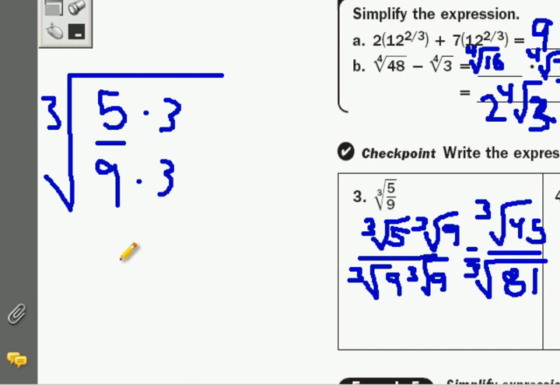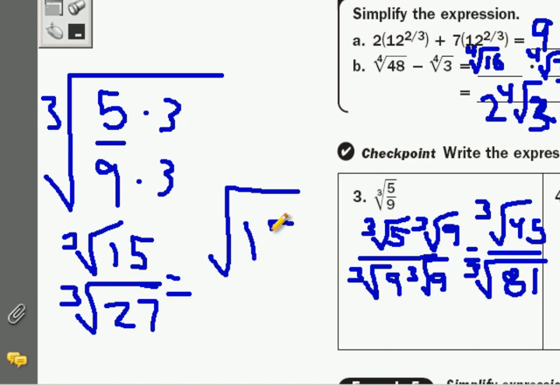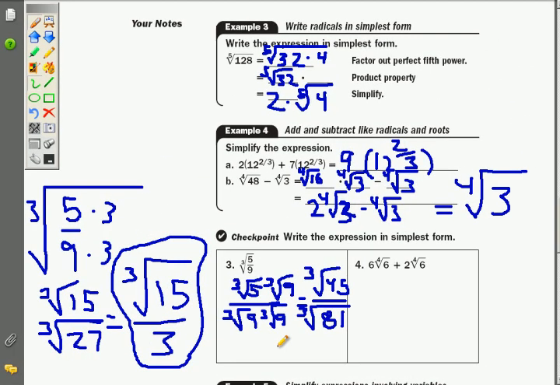And you see what that gives me. It gives me 15 on the top and 27 on the bottom. And if I take the cube root of 15 and the cube root of 27, I end up with the cube root of 15 over 3, and that's a much better answer. So this didn't help me. This was the way we were doing it before, but now I got to start kind of thinking this way right here.